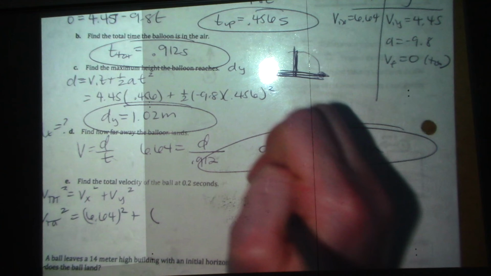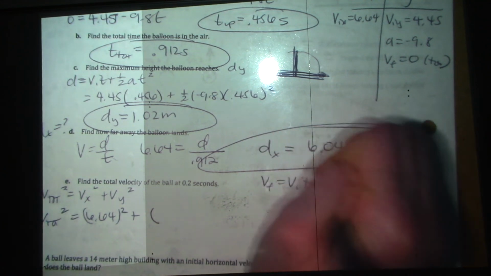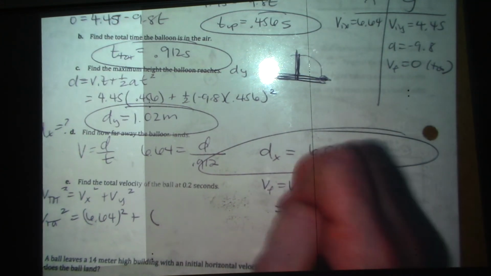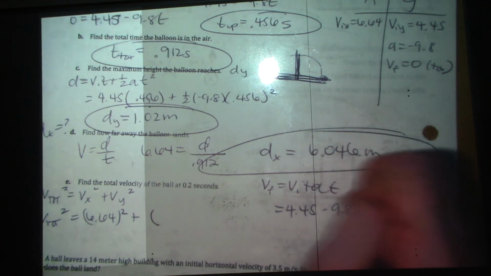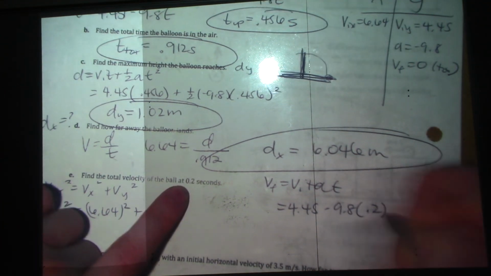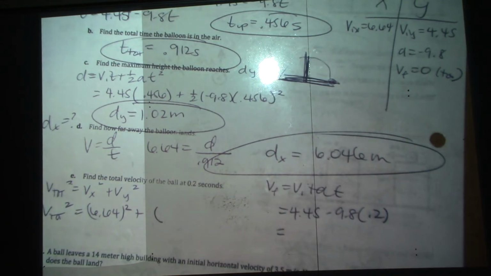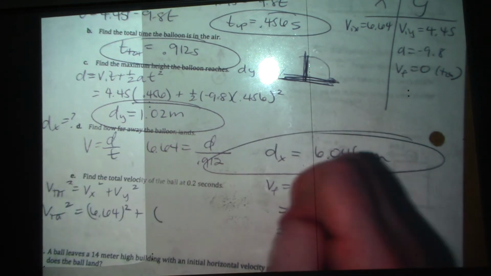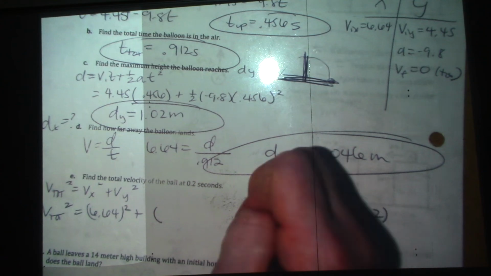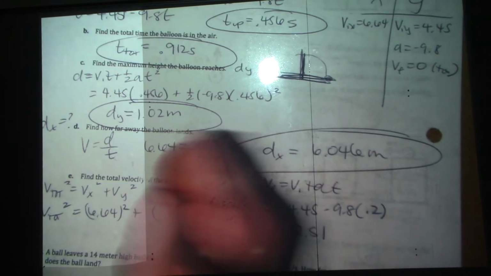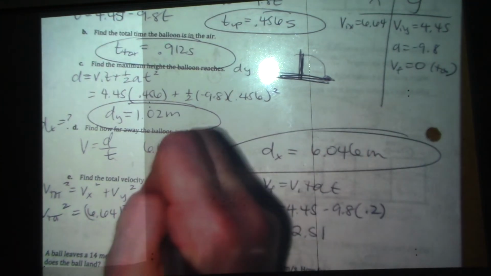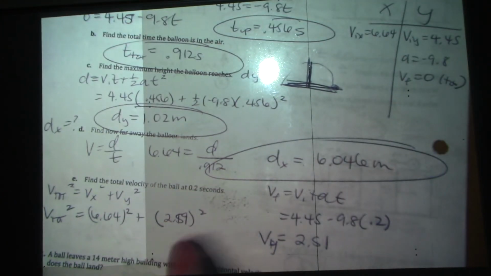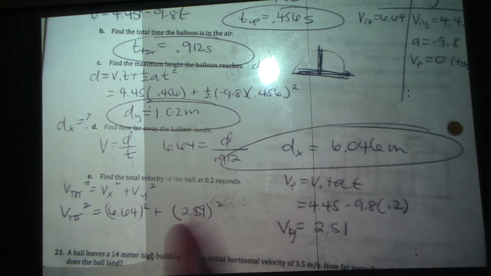So I'm going to plug into that equation, put in my initial velocity, the acceleration, and the time I'm looking for, and that's going to give me my y velocity after 0.2 seconds, which is 2.5. So that's what my y final velocity is. Or call it v_y. So then now I can do x velocity squared plus the y velocity at the time I'm asking for, squared.